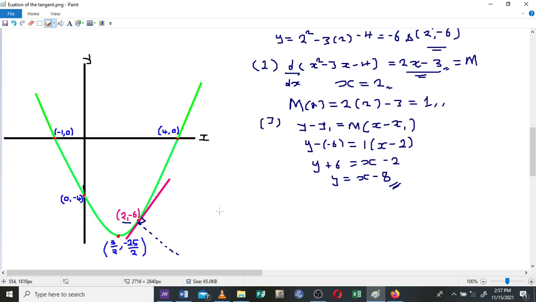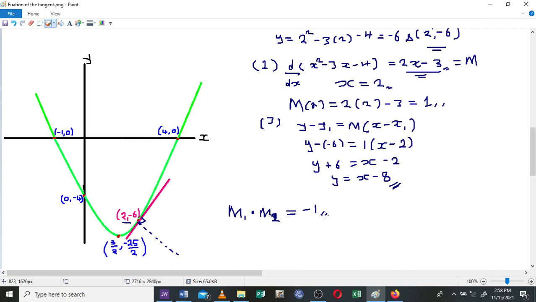Then the gradient of the tangent, which we'll call m1, multiplied by the gradient of the normal line, which we'll call m2, should give a product of negative 1. Very important to remember that.